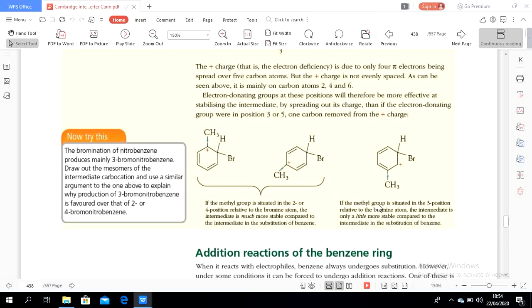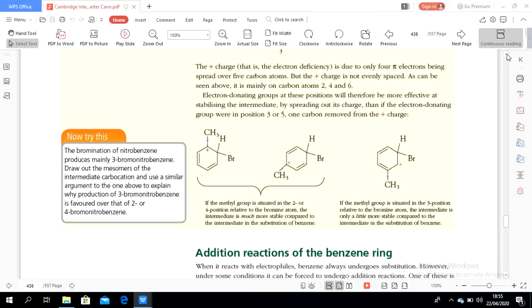Okay, if the methyl group is situated in the third position relative to the bromine atom, the intermediate is a little more stable compared to the intermediate substitution in benzene. It is a little more stable, but it is not very stable. In here, position 2 and 4 are much more stable. So we have to know whether there is an electron donating group.